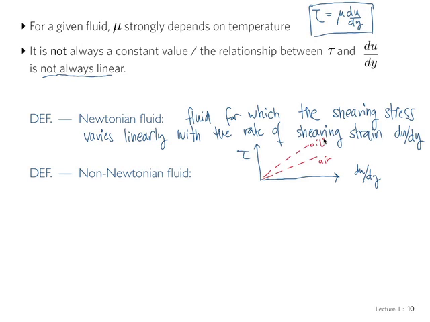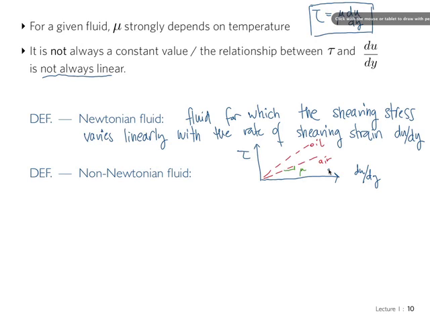But the relationship we see in that plot is a line, and the slope of that line is mu. It's a linear relationship between the shearing stress and the rate of shearing strain.